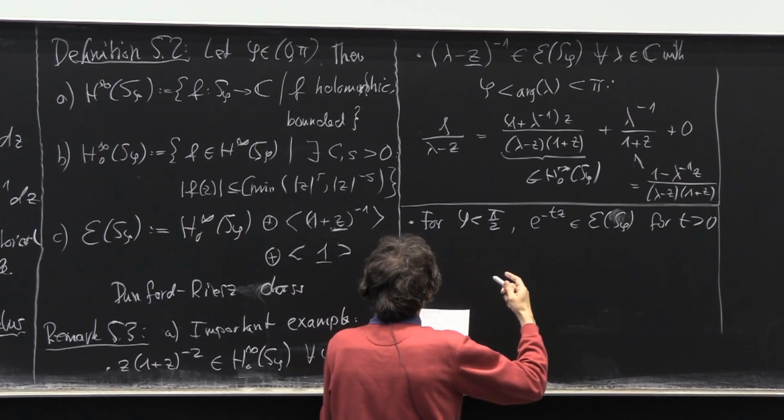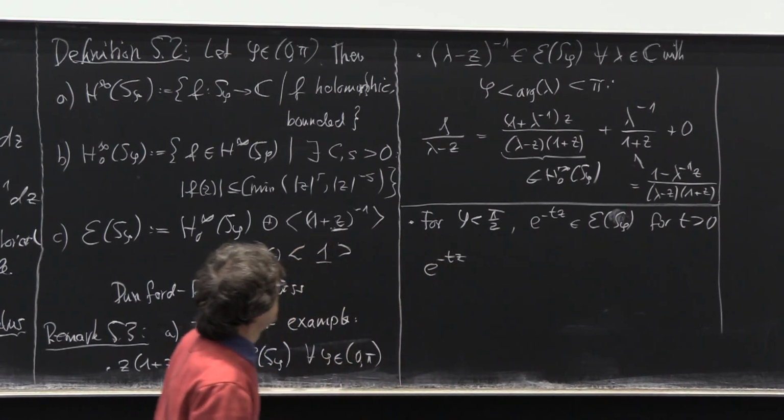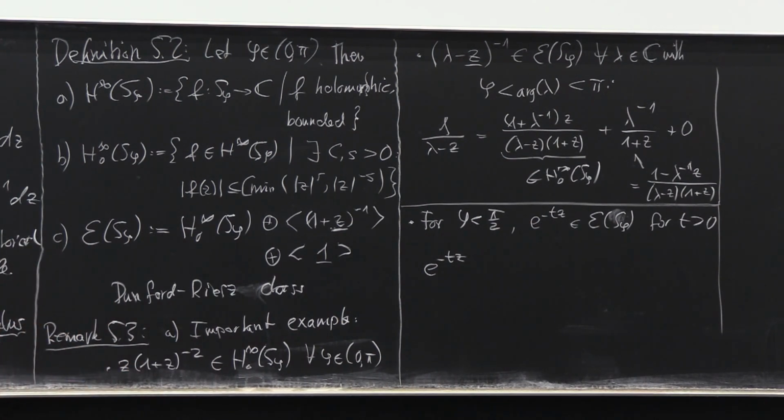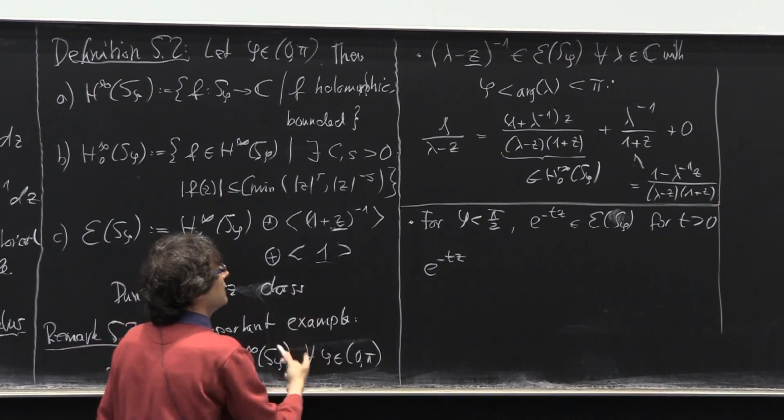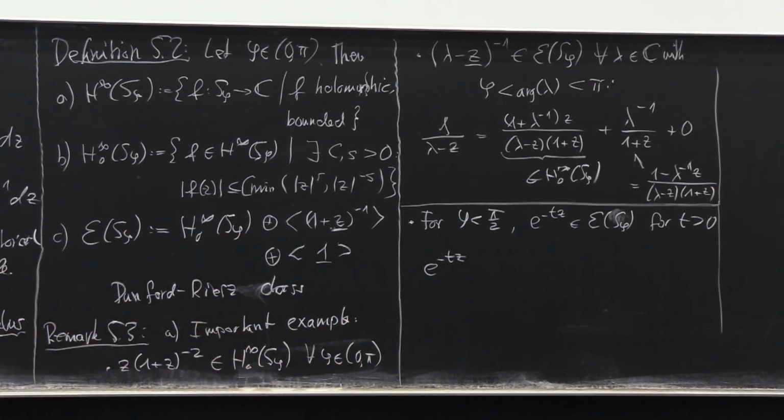So a first idea to get this into the Dunford-Rees class would be, okay, let's subtract the 1. So let's take minus 1 plus 1. The 1 is here. But then you destroy the decay at infinity. If you add minus 1, then infinity goes to minus 1, not to 0.